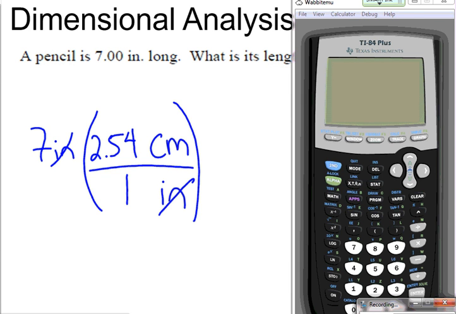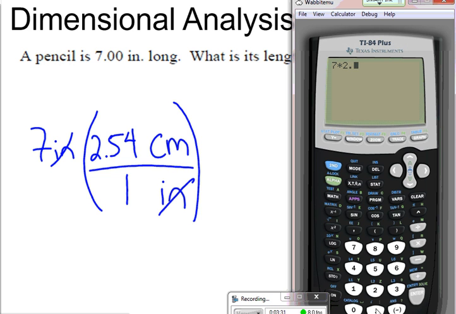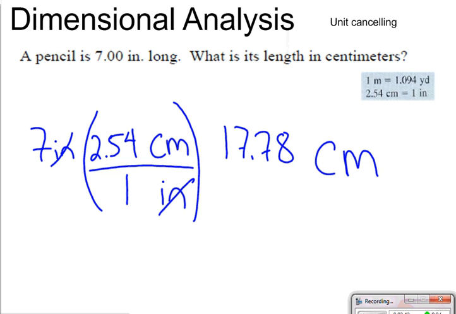So I pull up my calculator and put in 7 times 2.54 divided by 1, and I get 17.78 centimeters.